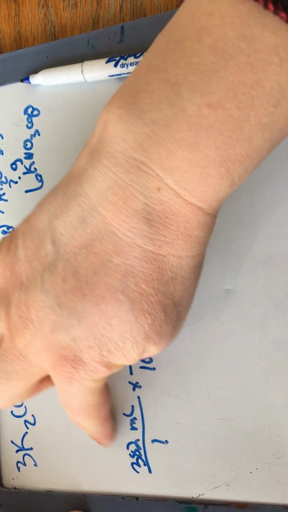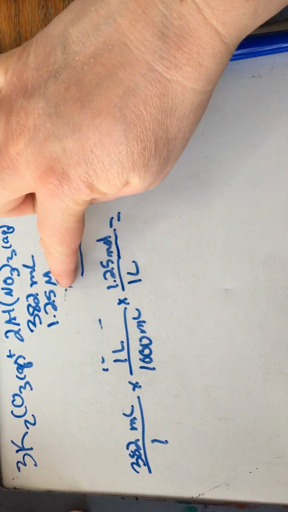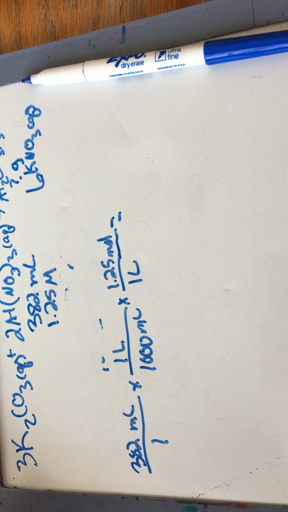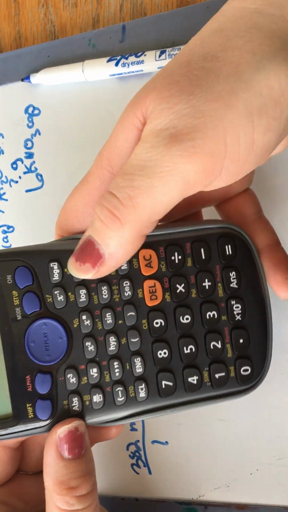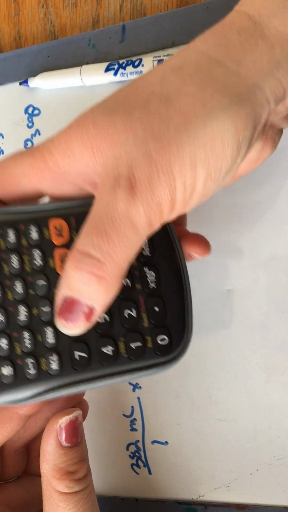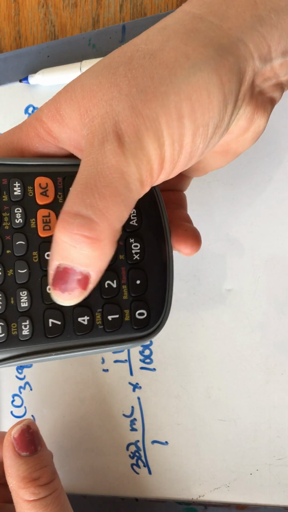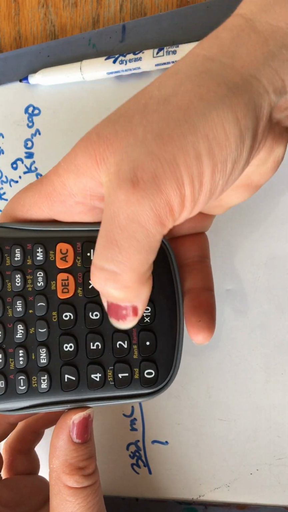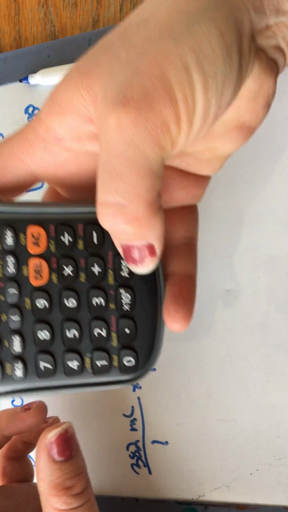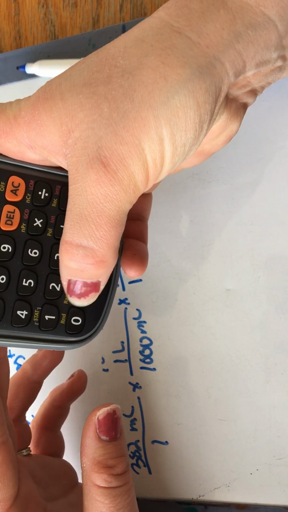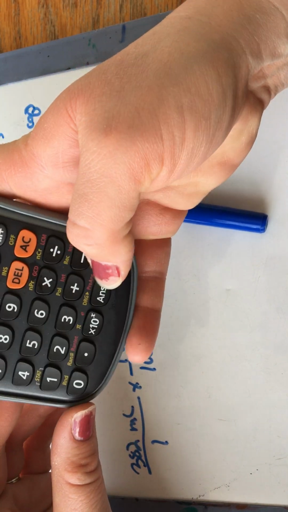And that should give us the molarity of this specific compound. So let's erase this up here. Okay, handy dandy calculator. So 382 divided by 1,000 times 1.25.